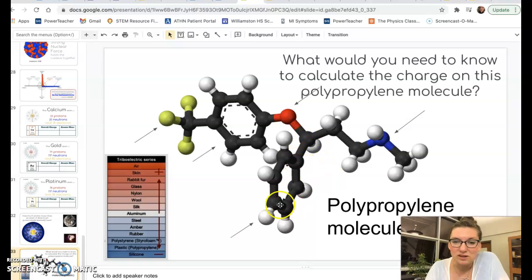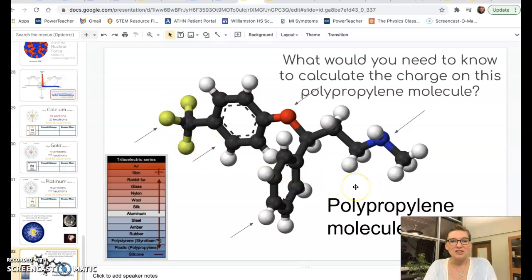You need to know what each one of these atoms are, because each one of these balls represents an atom. So when we're looking at ball and stick models like this, the black atoms represent carbon. The white atoms here represent hydrogen. Red is oxygen. Blue is nitrogen. And these green over here are fluorine, sorry.